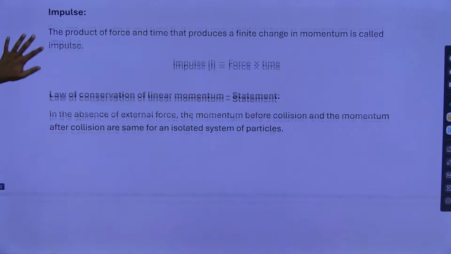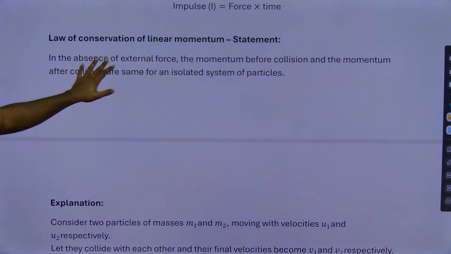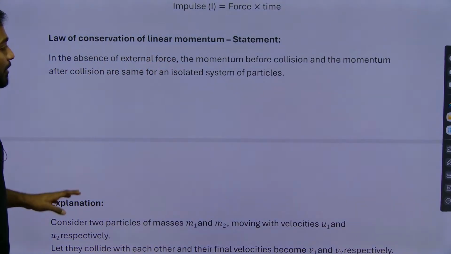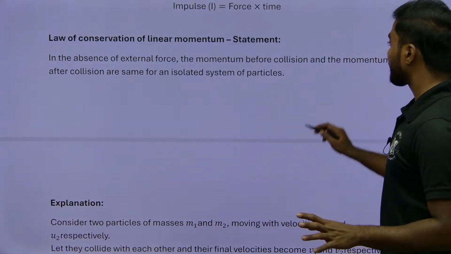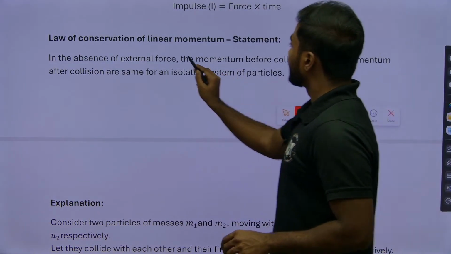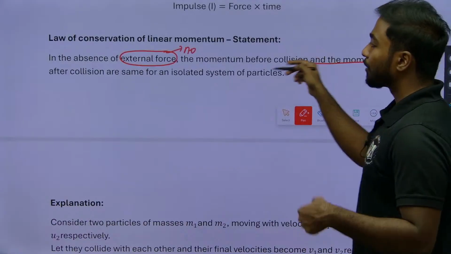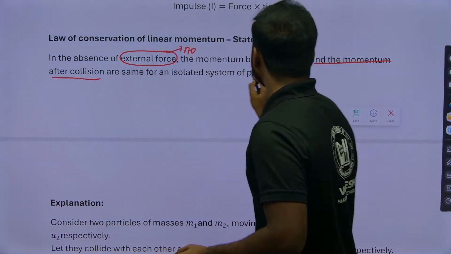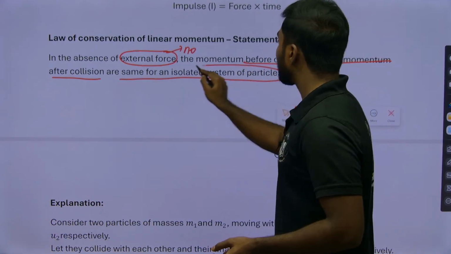Now the law of conservation of linear momentum: in the absence of external force, when there is no external force, the momentum before collision and the momentum after collision are the same for an isolated system.